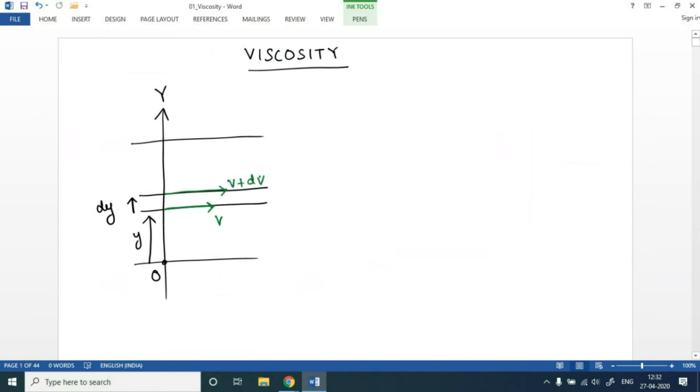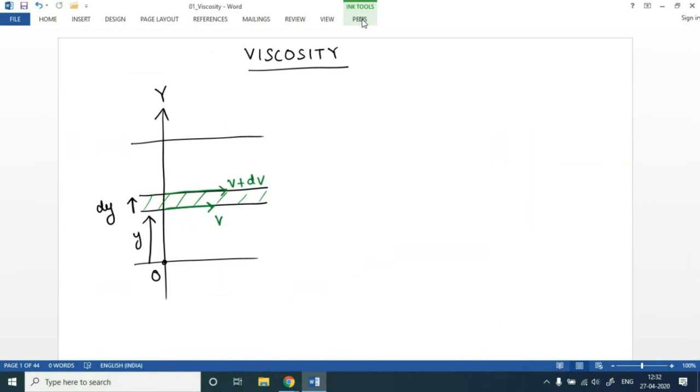The way we have shown it, when y is increasing, velocity is increasing as well for the layer. Now when we consider this element of liquid, the fluid above it is moving with larger velocity, and fluid below it is moving with a smaller velocity.